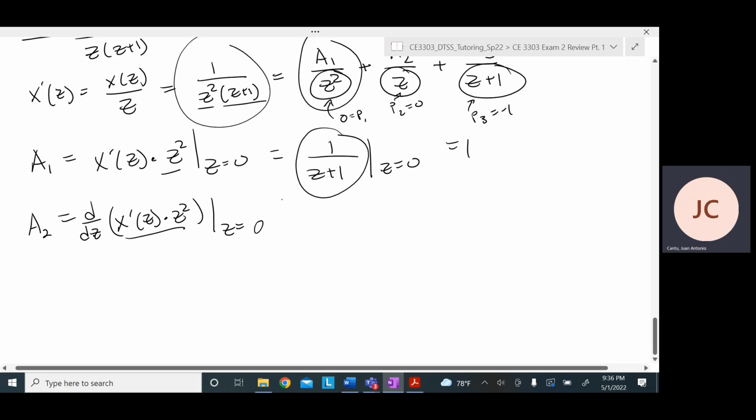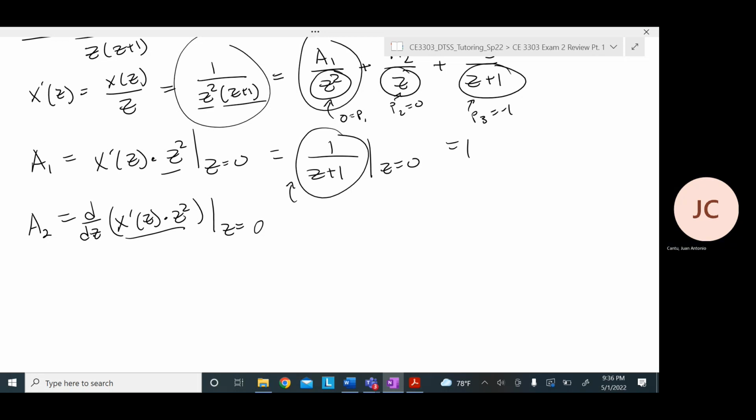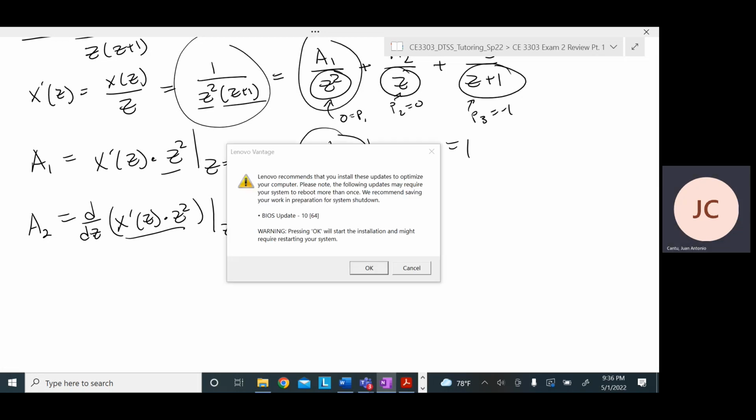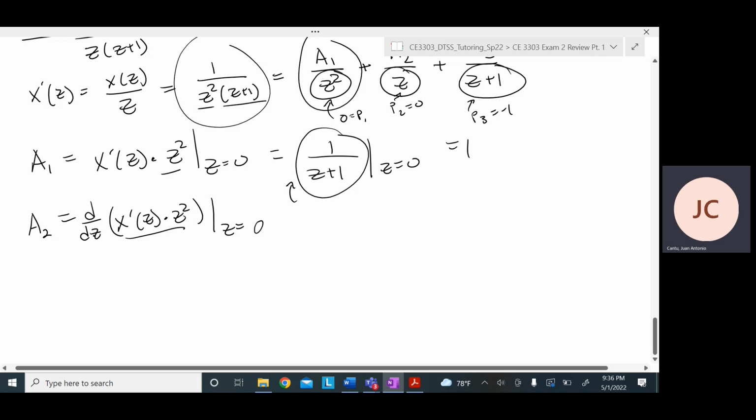So what we need to do is take the derivative of this function right here. So you guys are definitely going to have to remember this for the exam. The quotient derivative rule. It's been a while since I've had to use it.